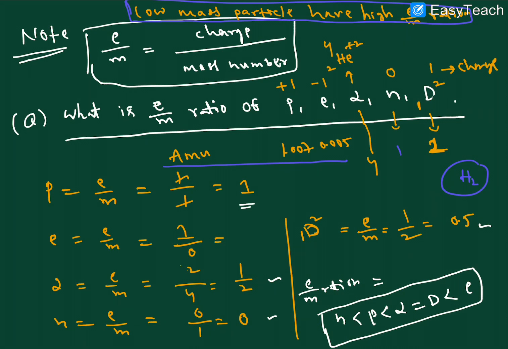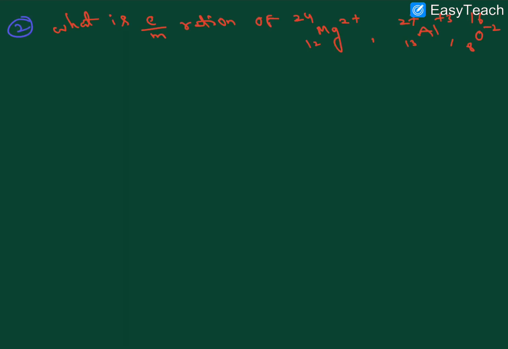Next we take deuterium in the place of hydrogen. Just apply this formula and you will get the ratio. You can compare which has more specific charge: the one with less mass. Obviously the electron has less mass, so it has a high E by M ratio.